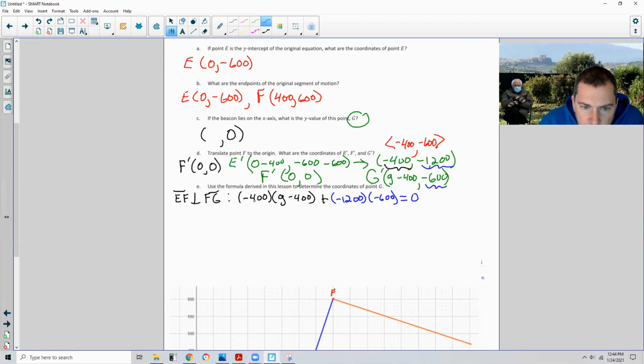Okay, so when I do this, I'm going to distribute, and I'm going to get negative 400g plus negative times negative is positive, 400 times 400 is 160,000. Is that right?